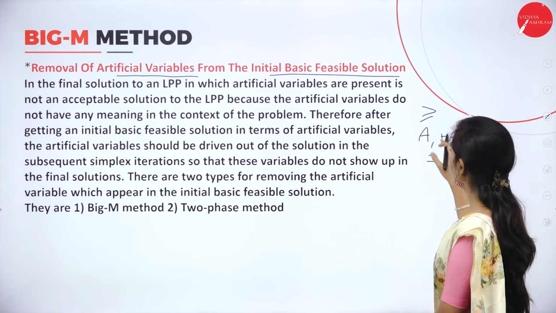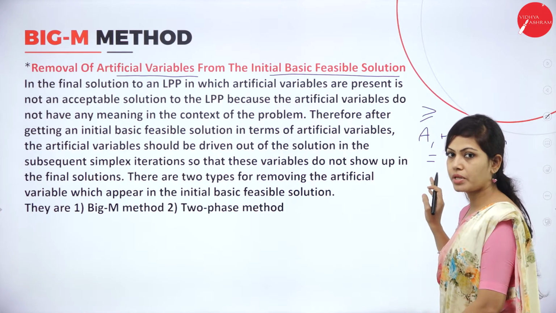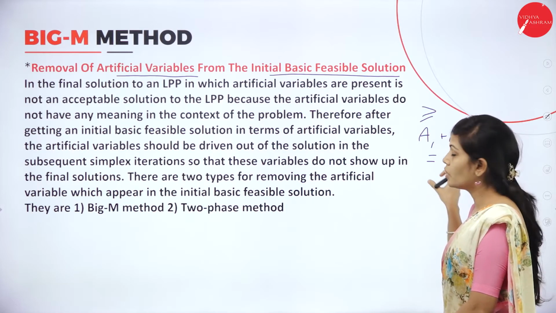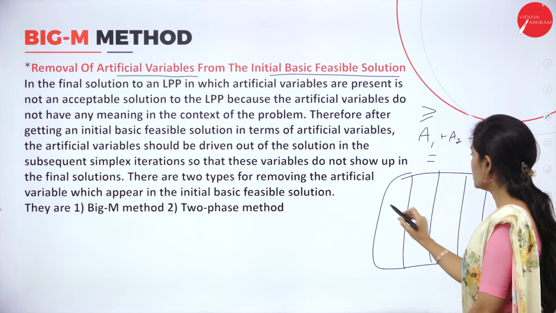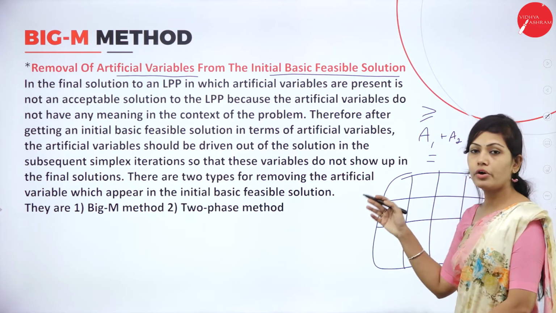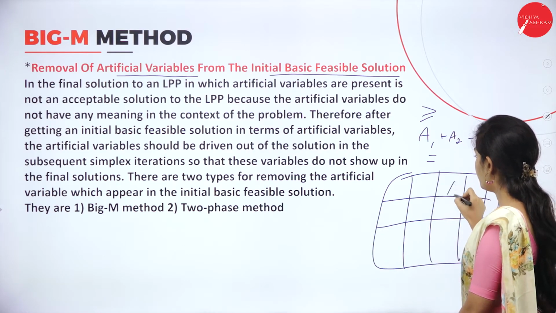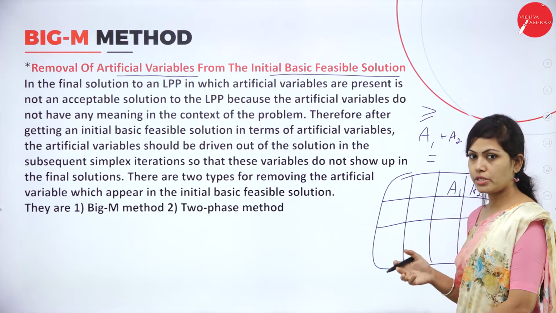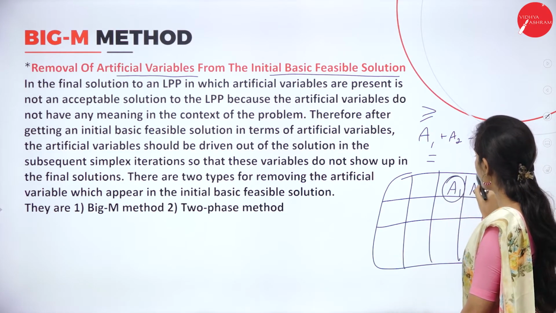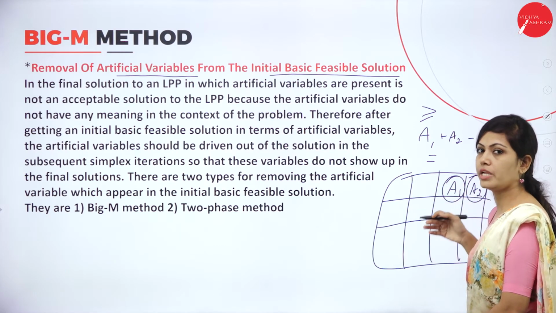So here we got the artificial variables A1, A2, A3, etc. These artificial variables will appear in the initial simplex table or in iteration 1, iteration 2 or iteration 3. If you get A1, A2 in the initial simplex table or in the iterations, you have to remove them in every iteration.